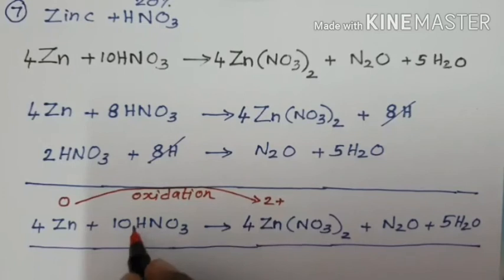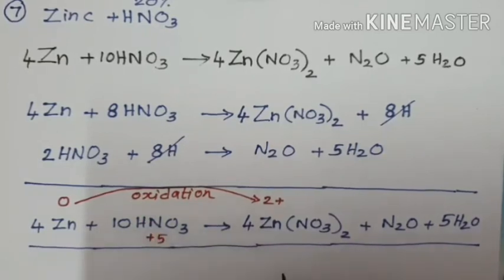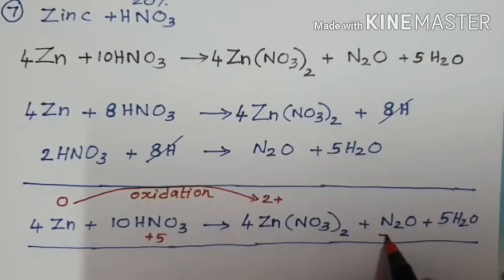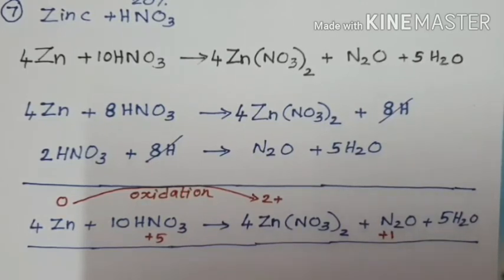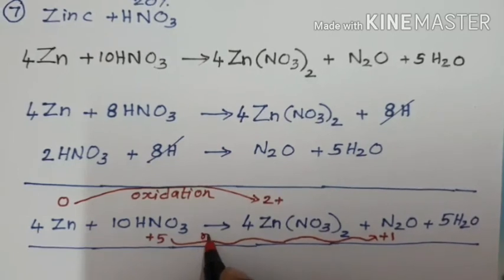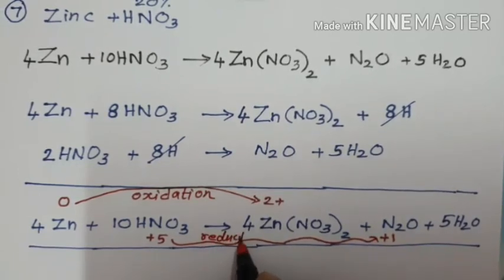In nitric acid, nitrogen is in plus 5 oxidation state, and in nitrous oxide nitrogen is in plus 1 oxidation state. So when you move from left to right, the oxidation number decreases. Therefore, it is called reduction.